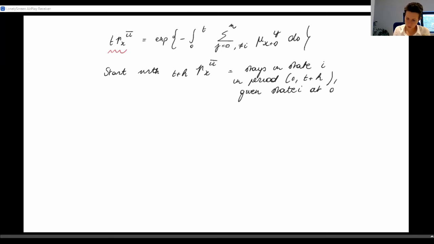So what we're going to do now is we're going to draw a timeline. And we're going to look at what can happen during this period of time that we consider. So here you have x at time 0, and we're going to go up to x plus t plus h at time t plus h.